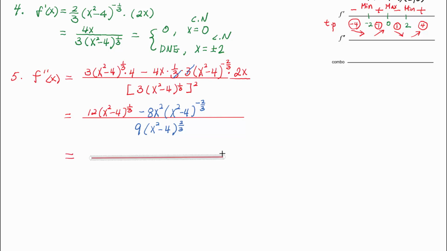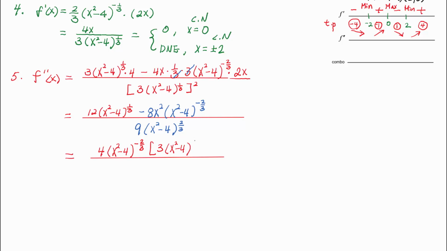Let's factor out the common factor. On the numerator, the common factor of 12 and 8 is 4. And we do have also a common factor of x squared minus 4. So we are going to factor out the quantity x squared minus 4 to the lower power of the 2, which is negative 2/3 power. Then 4 times 3 is 12. Quantity x squared minus 4 to the negative 2/3 power times the quantity x squared minus 4 to the positive 1/3 power.